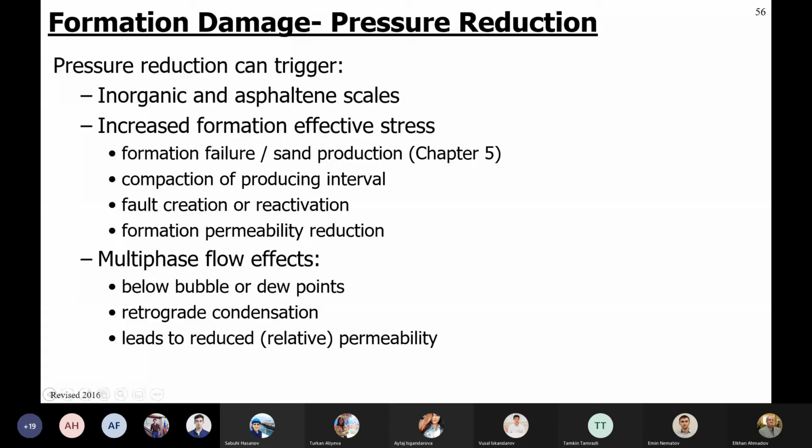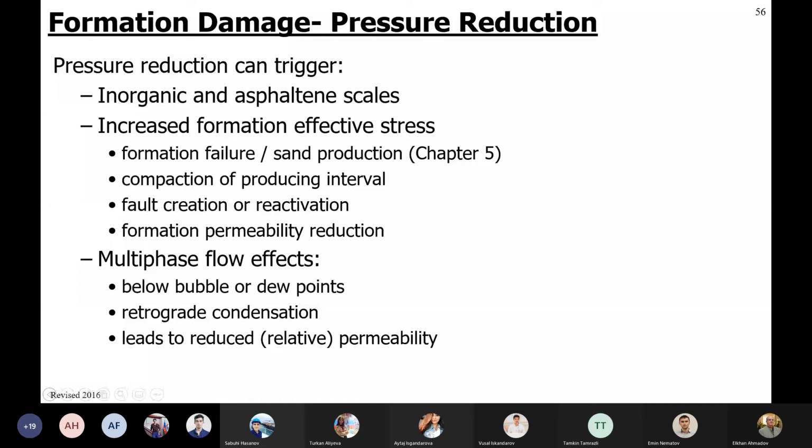It will compact also the pore sizes, pore throats, and the permeability will reduce. As we said, multi-phase flow effect below the bubble point or dew point, when the gas dissolves out of the oil or condensate dissolves out of the wet gas, leads, as we said, to reduced relative permeability.